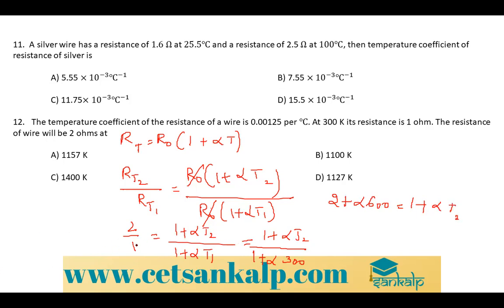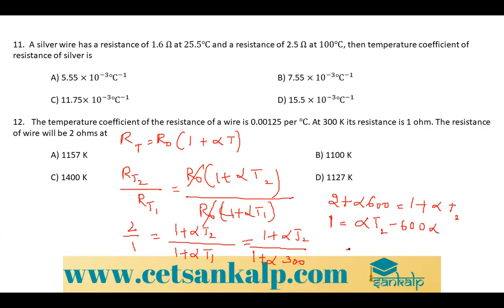Okay. So when I bring this one to the other side and this to the other side, 2 minus 1 is equal to alpha T2 minus 600 into alpha.